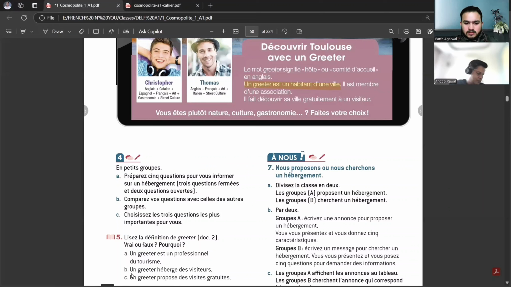Okay. Next one. Un greeter héberge des visiteurs. Héberge means accommodate. So what do you think? Faux. What do you think? Reason? A greeter is a resident, so they don't provide accommodation.